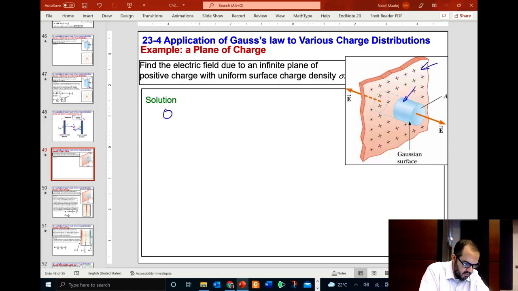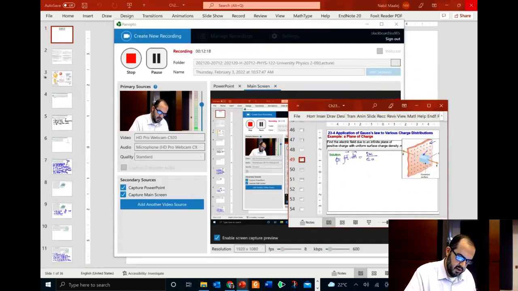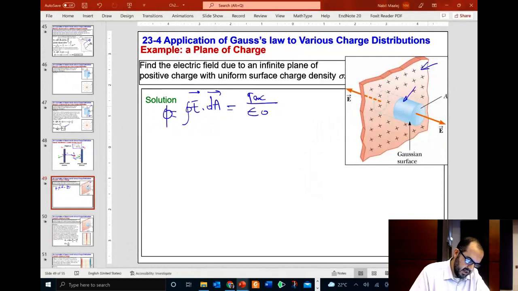The flux, E dotted with dA, is equal to the charge enclosed divided by epsilon 0. We call this area 1, this area 2, and this area 3 here.